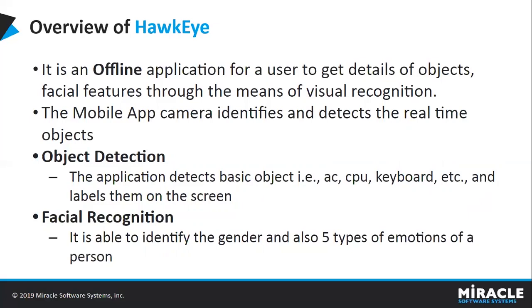For object detection, the application detects the basic objects which are found in the work area, for example, AC, CPU, keyboard, laptop, etc. And also, we are able to see the labels of them on the screen. And then the facial recognition. This enables us to identify the gender of the person, whether the person is male or female, and also five types of emotions of that person, such as anger, happy, calm, serious, and sad.